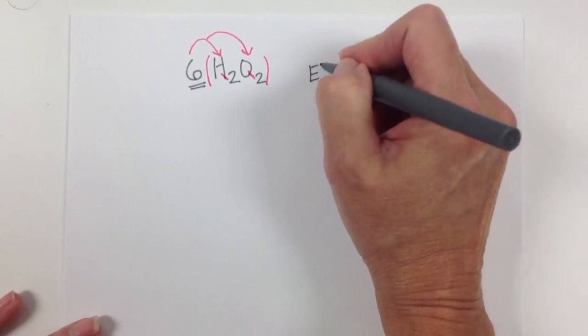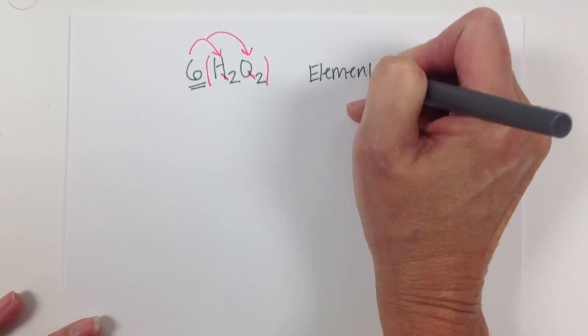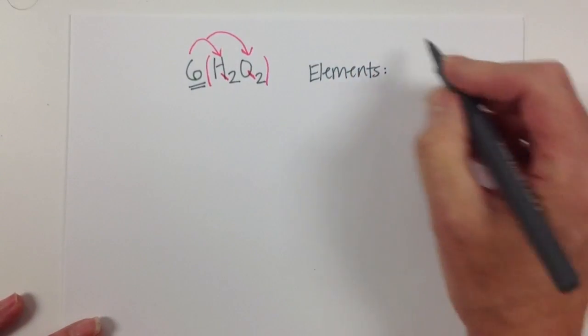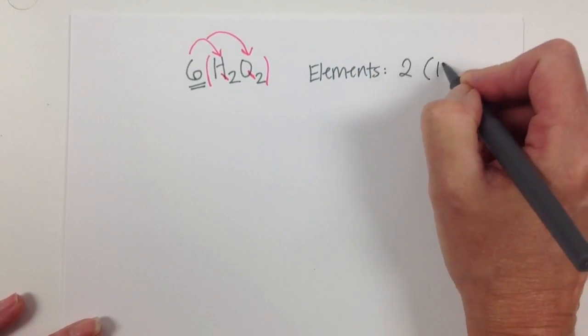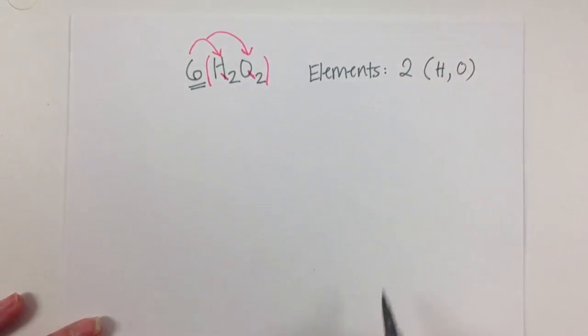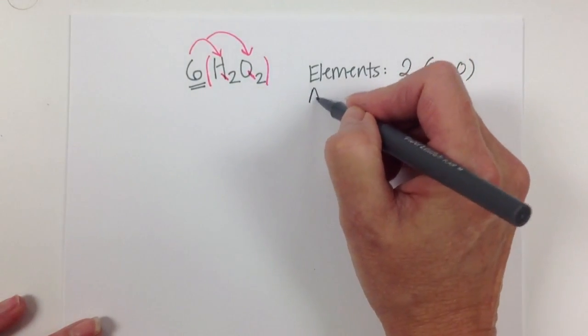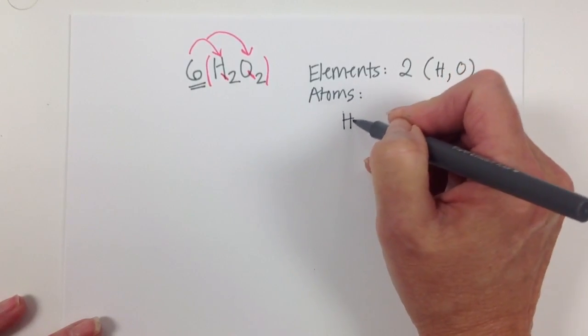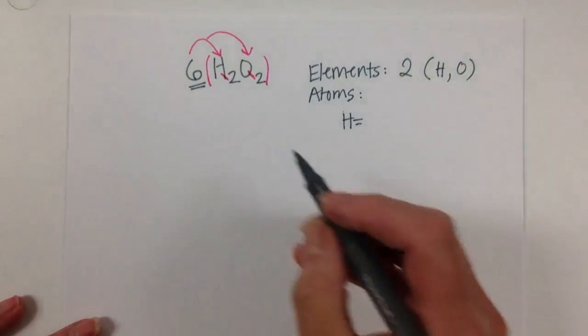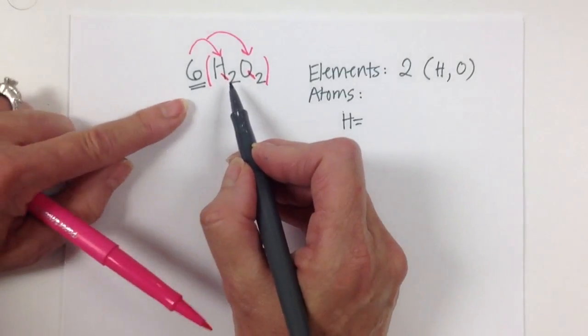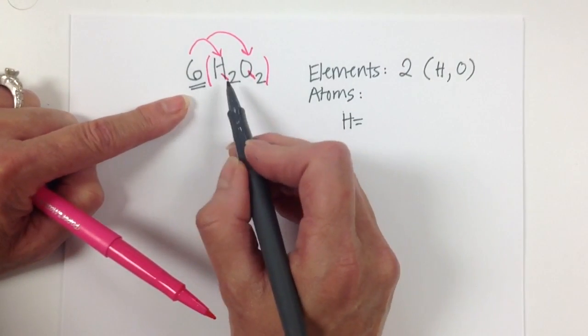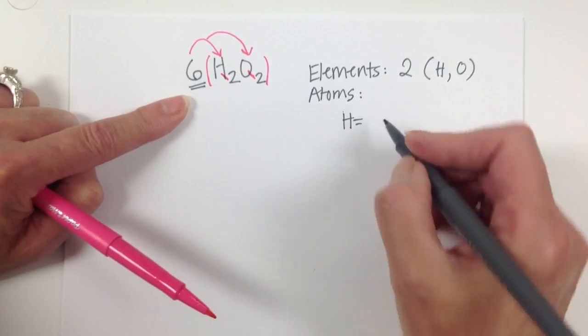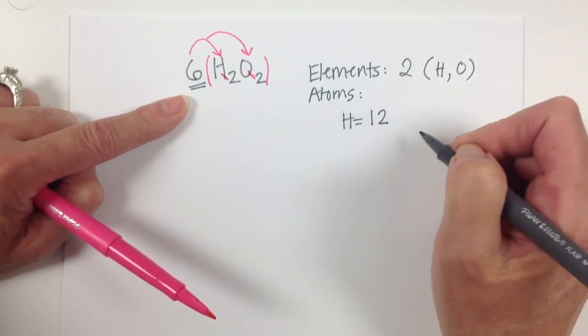What elements are present? How many? 2. What are they? Hydrogen and oxygen. Good job. The atoms: how many hydrogen do we have? Well, we had 2, and we have a coefficient of 6, so 6 times 2 is 12, so we have 12 hydrogen.